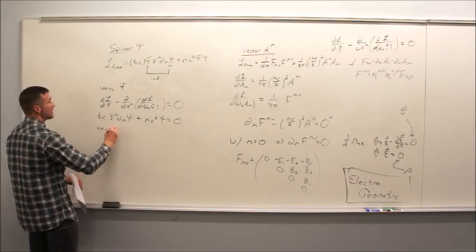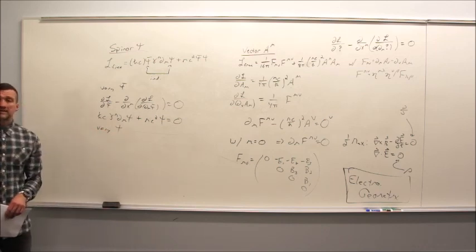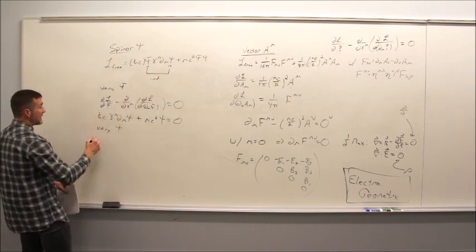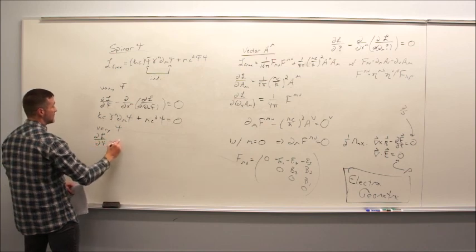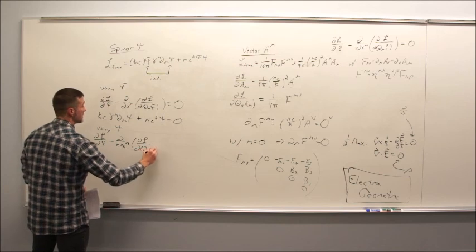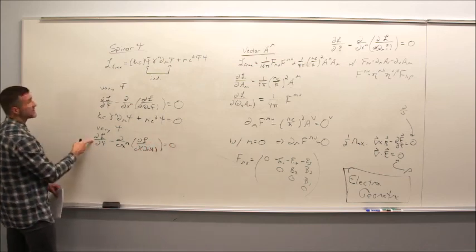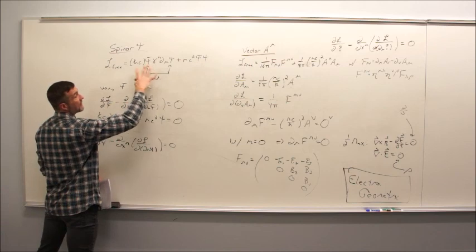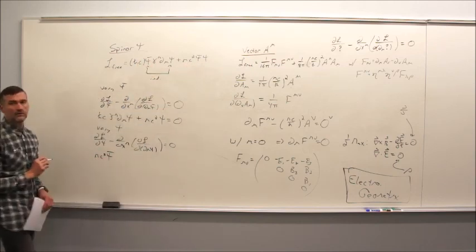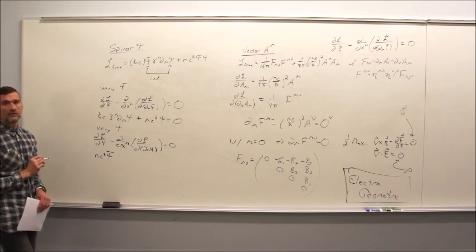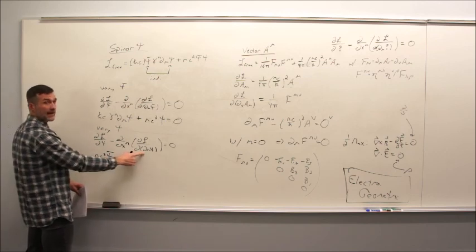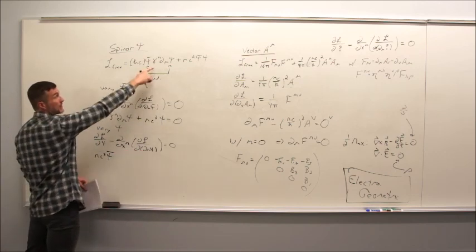On the other hand, and this is pretty cool, if I vary with respect to psi, now there is a derivative. So when I do the dL/dpsi minus d_mu of partial L over partial (d_mu psi), when I do this term, I get a contribution not from here at all, but from this term. But now I pick up a term from this guy because there is a derivative with respect to psi in my Lagrangian.